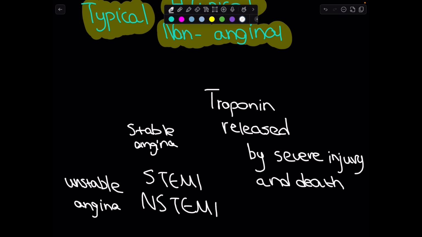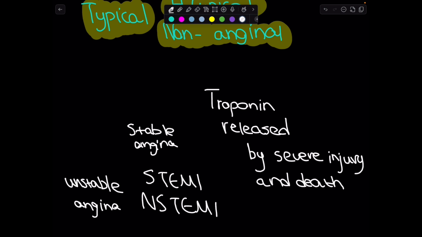I want to ask you about, can we see ST depression too, instead of ST elevation? Yes, ST depression can be seen in unstable angina or NSTEMI, non-ST elevation myocardial infarction, on an ECG, reflecting subendocardial ischemia, reduced blood flow to the inner heart muscle layer, due to partial coronary artery blockage.